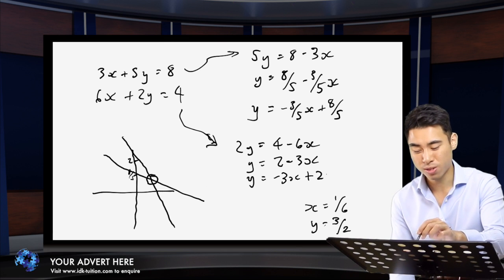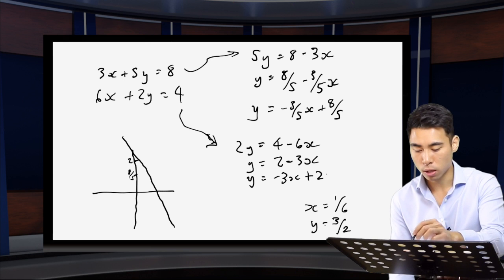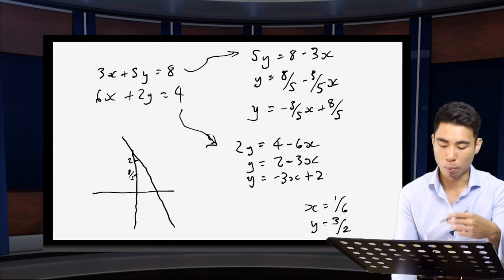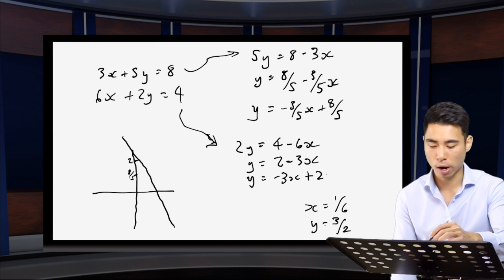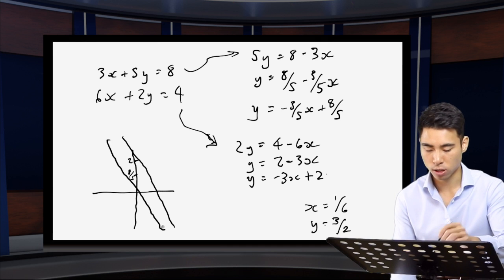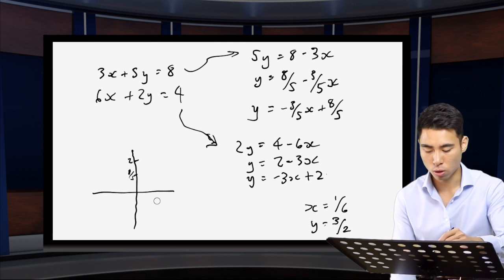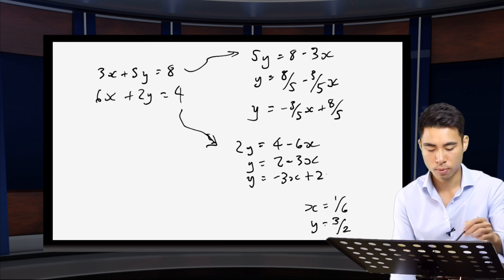This will pretty much always be the case when you have two linear equations. The only time when you're not going to have one point of intersection between two straight lines is if the two lines are parallel, like that. But you won't encounter that. They won't give you two linear equations like that in the exam.